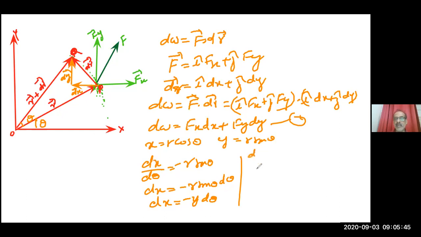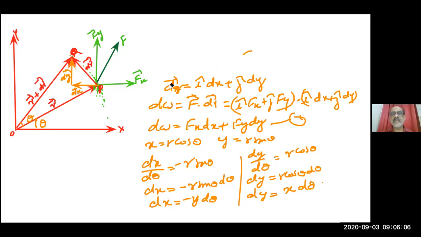Similarly, dy by d theta is equal to r cos theta, so dy is equal to r cos theta d theta, which is x d theta. Up to here we finished, I think.